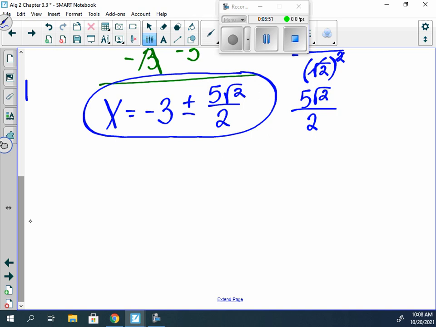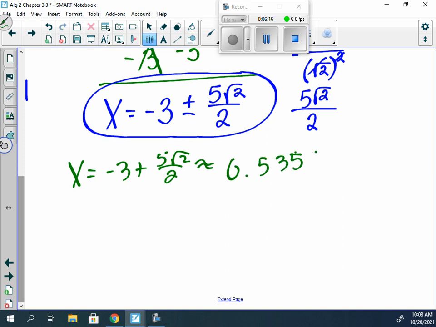Now, if we wanted to, we can convert this over. Negative 3 plus 5 square root of 2 over 2. And if we approximate it out as a decimal, we'll get this here.